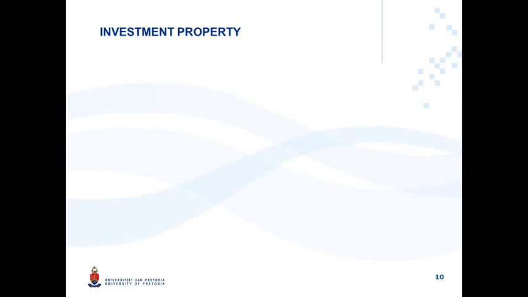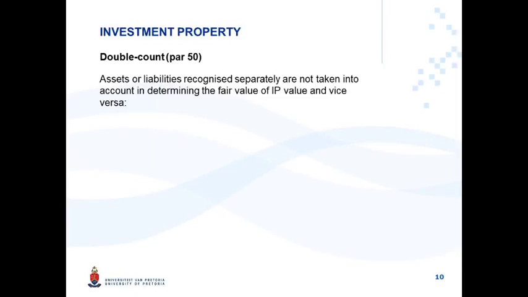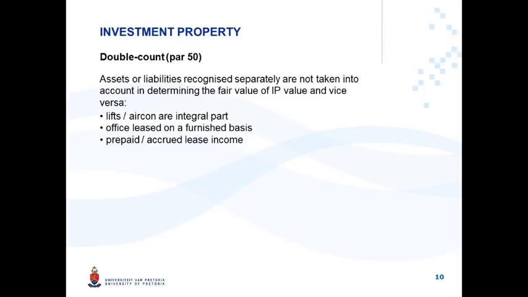So IAS 40 paragraph 50 prevents overstatement of assets and liabilities by preventing double counting. Assets or liabilities recognized separately are not taken into account in determining the fair value of investment property's value, and vice versa. The 3 bullets indicates the specific examples highlighted in paragraph 50.